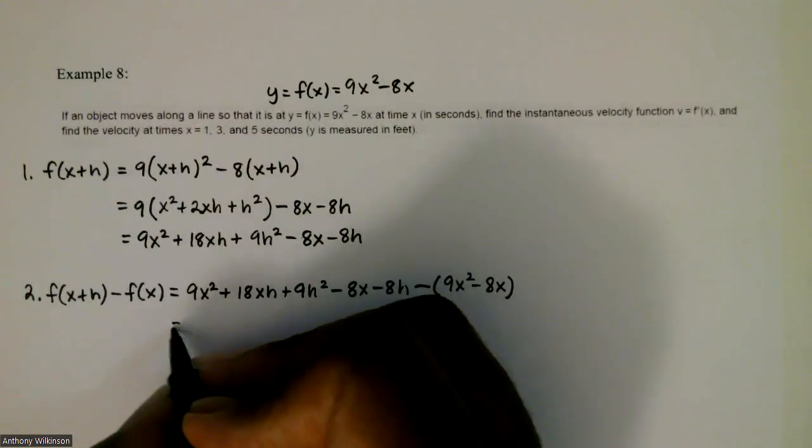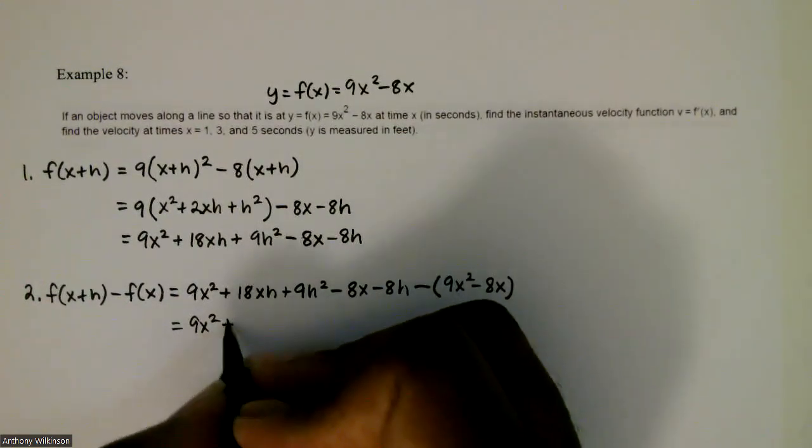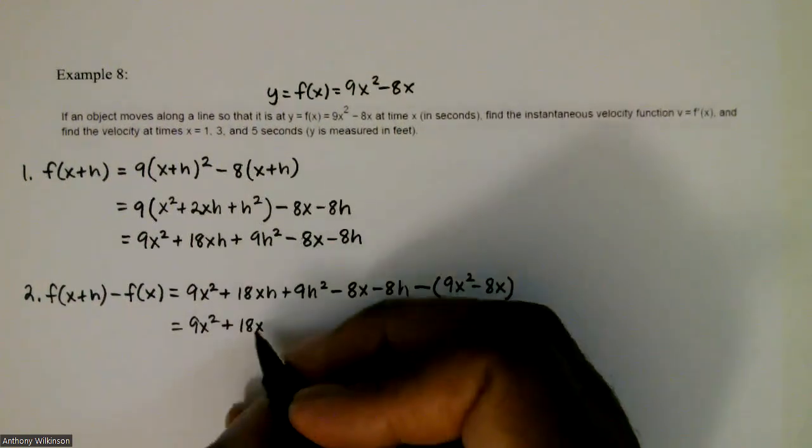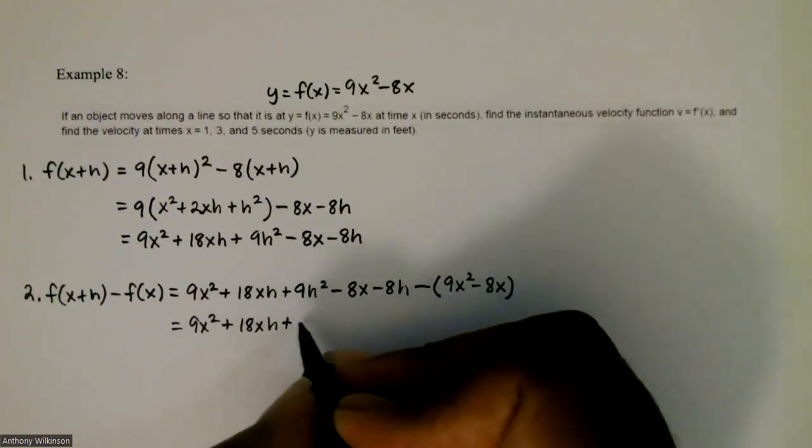I'm going to bring all of this down because I'm going to distribute the negative over the 9x squared minus 8x.